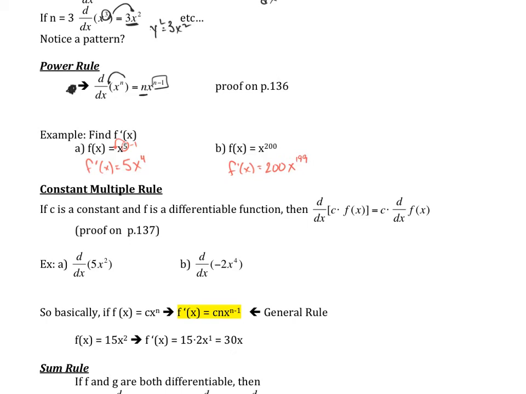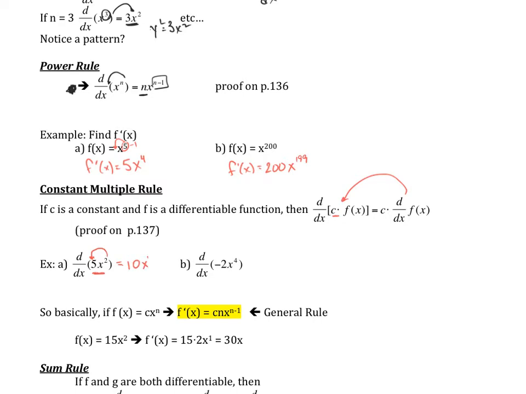And now here's where I was talking about before. If you have a constant out in front, you're just going to multiply it by that constant. So nothing changes there. So over here, we have the derivative with respect to x of 5 times x squared. This gets multiplied by the constant out front, so I'll get 10x to the first power.